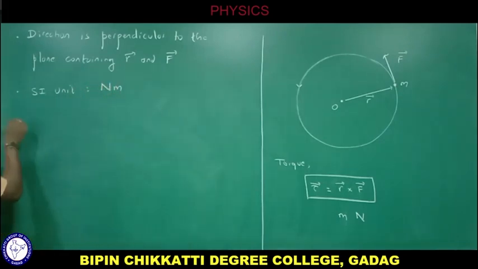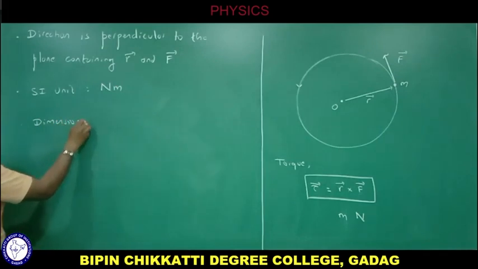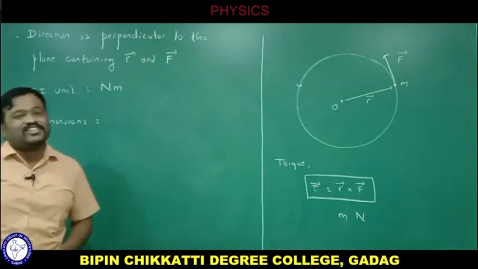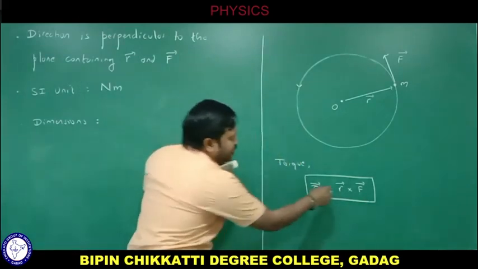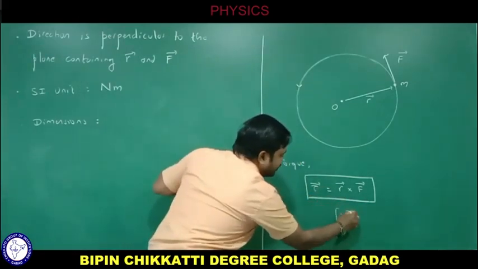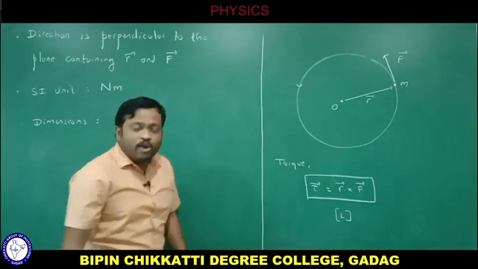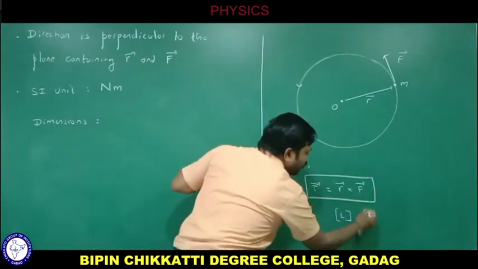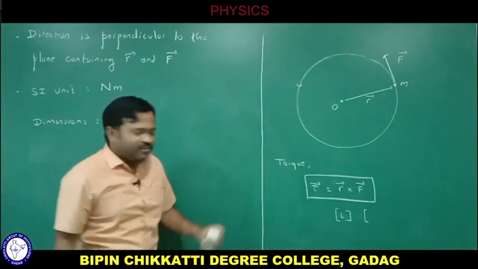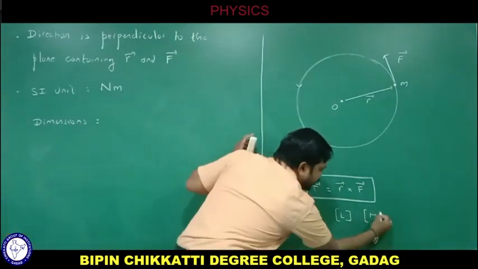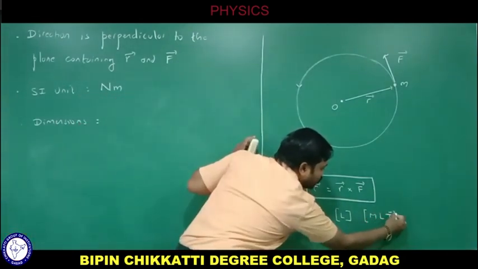Now after studying the SI unit, let me move on to dimensions. What are the dimensions of torque? The dimension of position vector is length, L. What is the dimension of force? Force is mass into acceleration, that is M L T raised to -2.